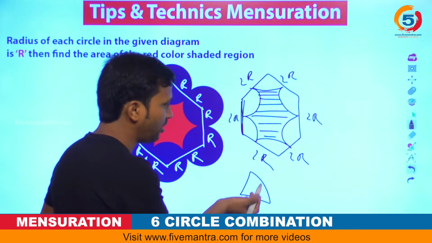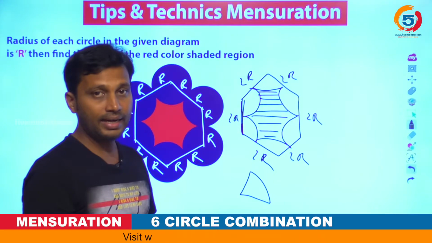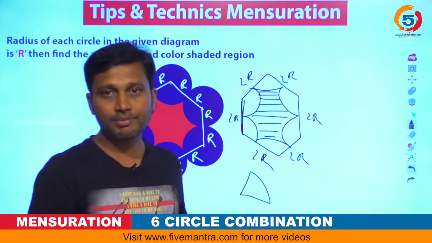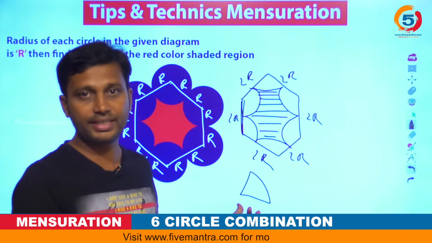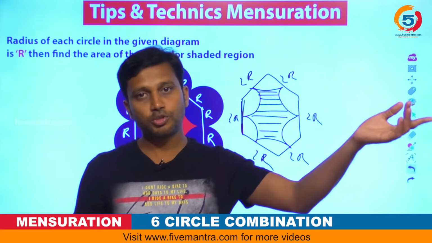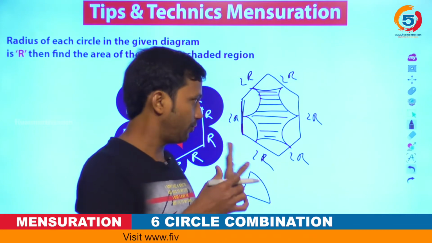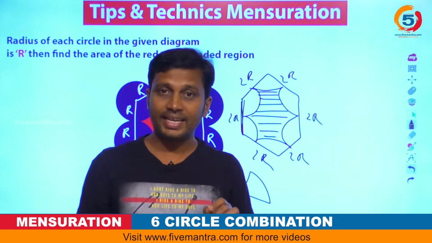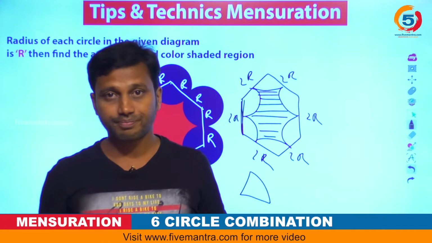Is this a sector or not? Sector only. And let me remind you that according to geometric properties, now I don't explain why, but it is 120 degrees; in geometry it comes to be known. But for doing the problem, what is each angle in a regular hexagon?